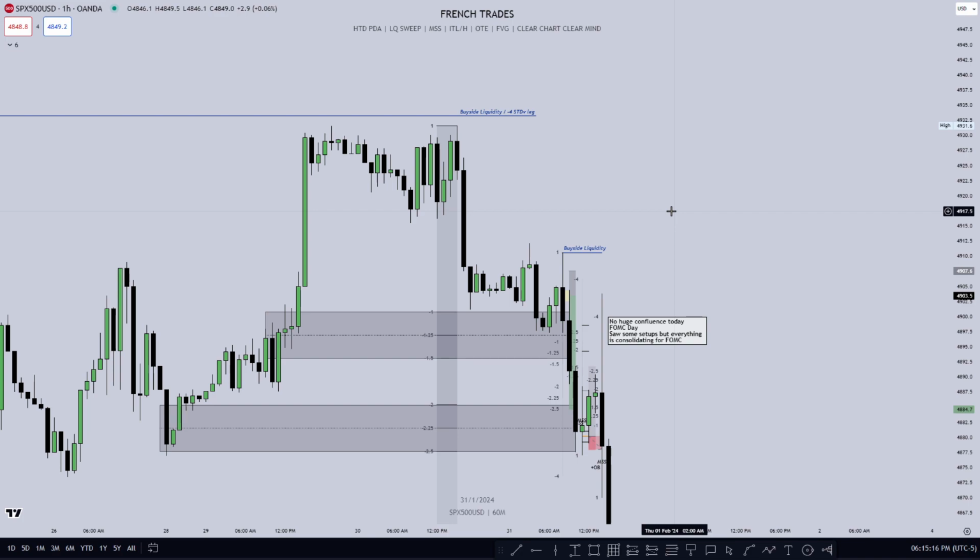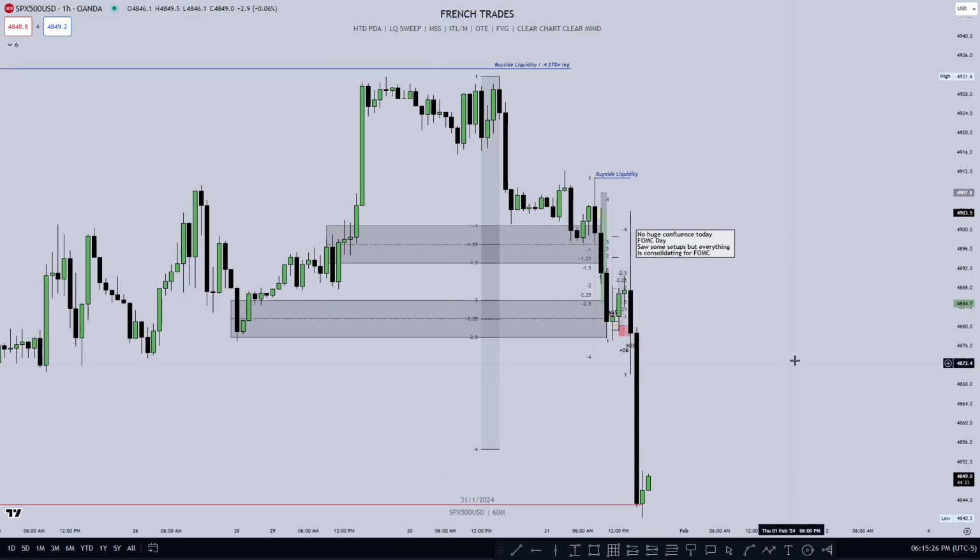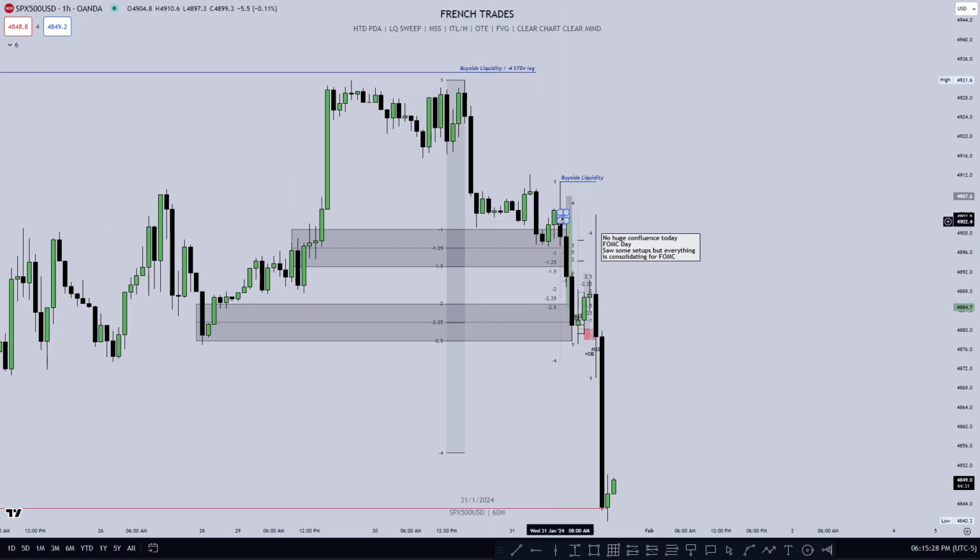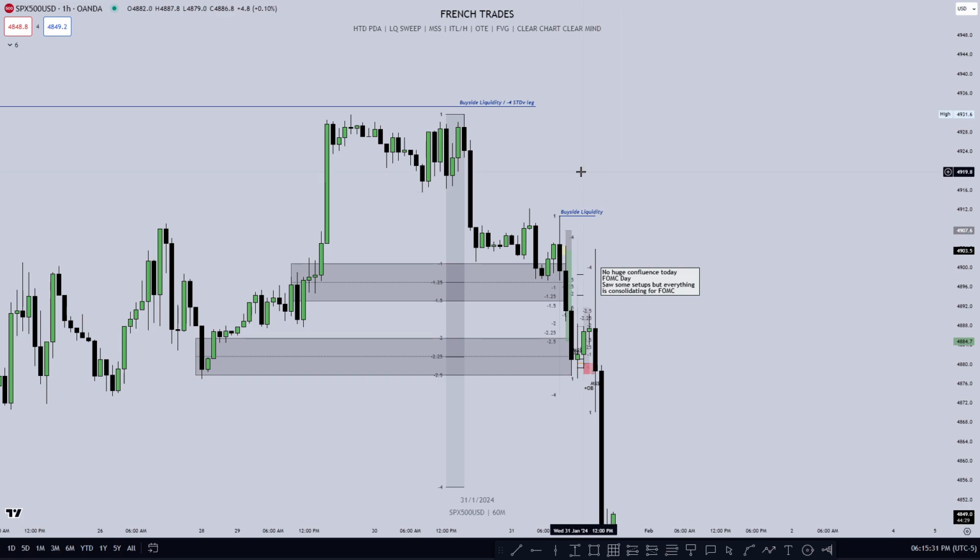We're looking for, obviously, we're bearish, but we're going to be looking for bullish order flow to come back into some kind of PD array here to then go short again. Now, unfortunately, as you saw, because we had FOMC and because we had news yesterday, price didn't do exactly what we hoped for.